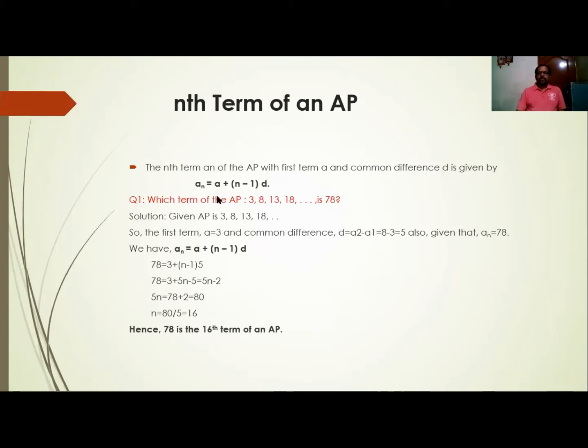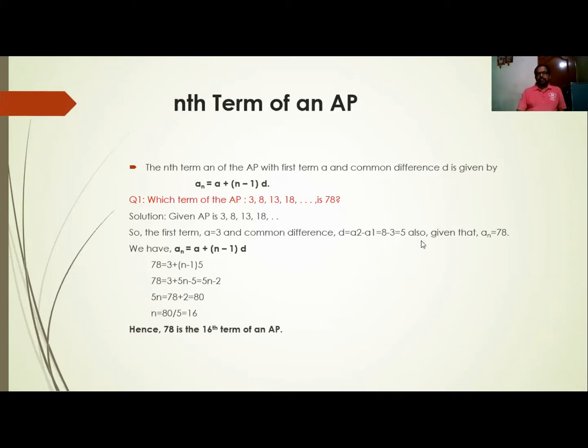So we know the formula for an, which has the terms a, n, and d. We need to substitute the values we have from the given AP and then find the value of n. Since the given AP is 3, 8, 13, 18, the first term is a equal to 3, and the common difference is the difference of the first and second term, that is 8 minus 3, which is 5.